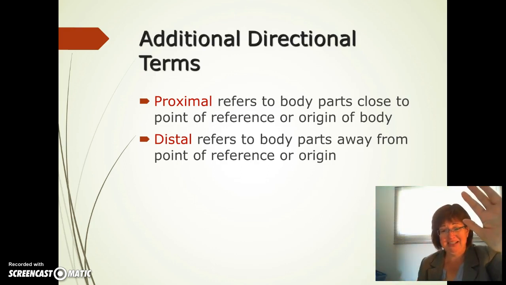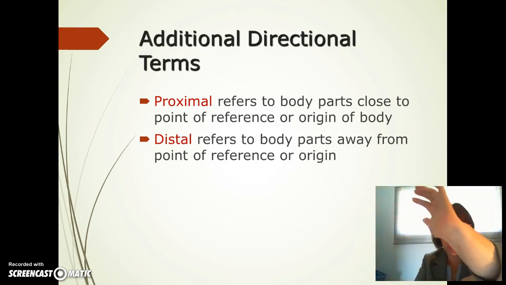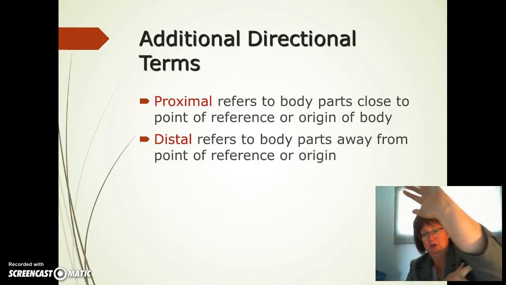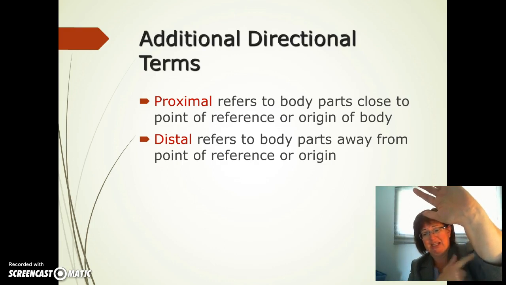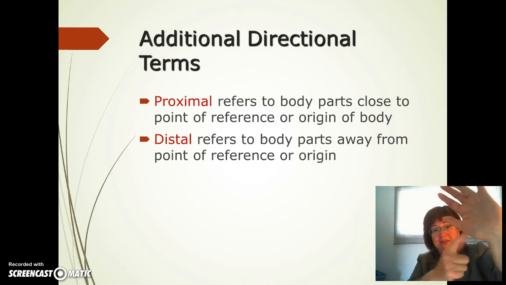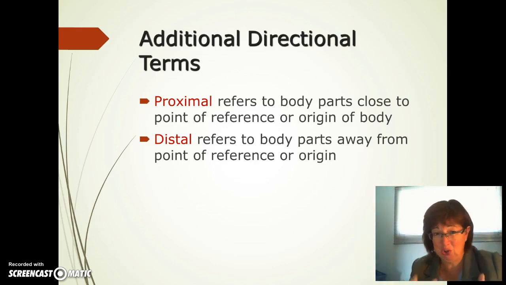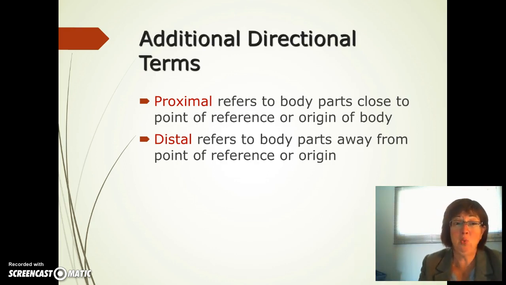But if you were considering other parts, the elbow could be proximal, but the elbow will be distal to the shoulder. So it's proximal to your hand and distal to your shoulder. So it's one of those relative parts.